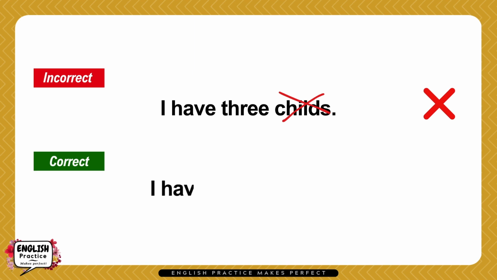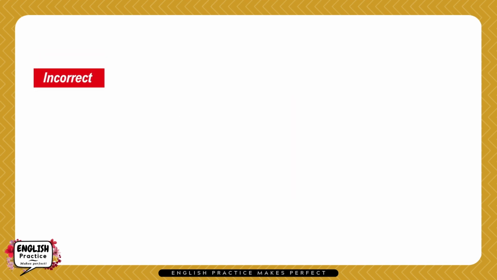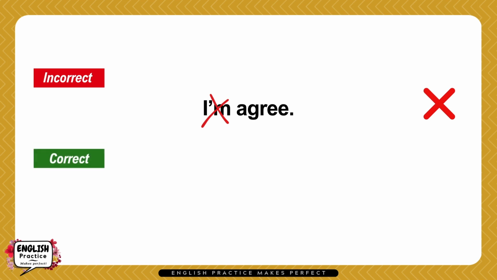Correct. I have 3 children. Incorrect. I'm agree. Correct. I agree.